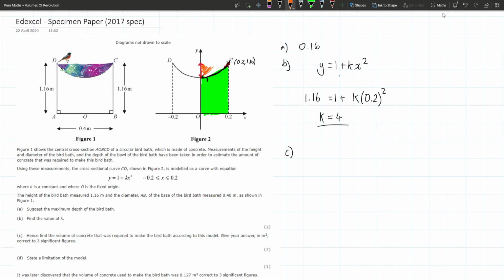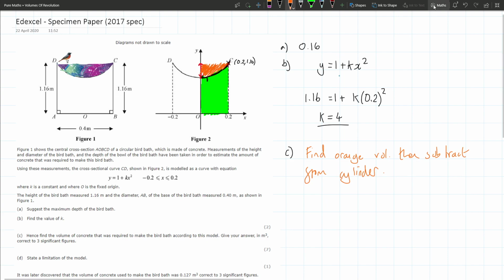So this bit could be orange. I want to find the volume of the orange bit rotated, find the orange volume, then subtract from the cylinder.